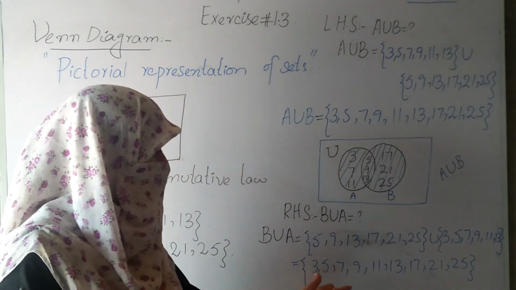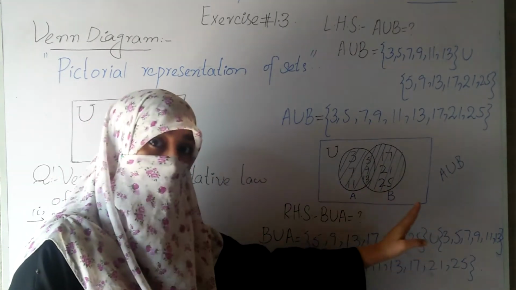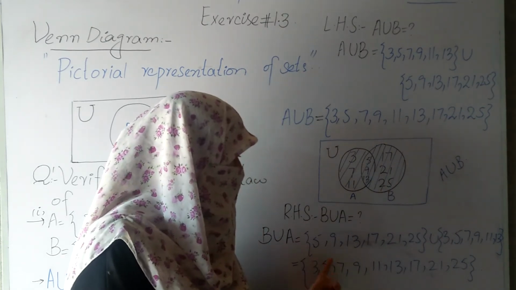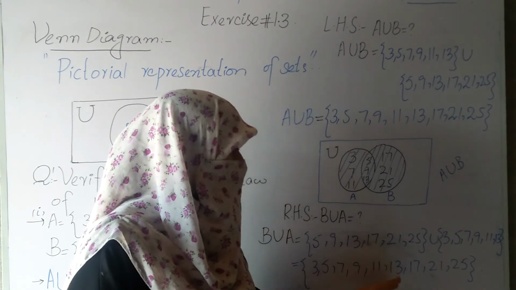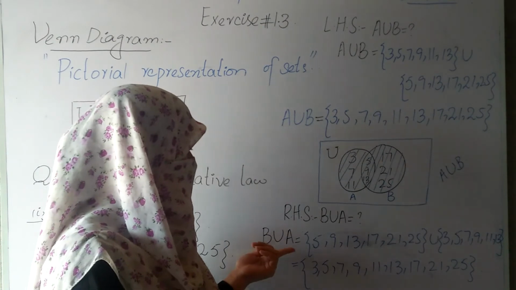Union means combine each element in that set and arrange in sequence. First 3, then 5, then 7, 9, 11, 13, 17, 21 and 25, which is the answer of B union A.